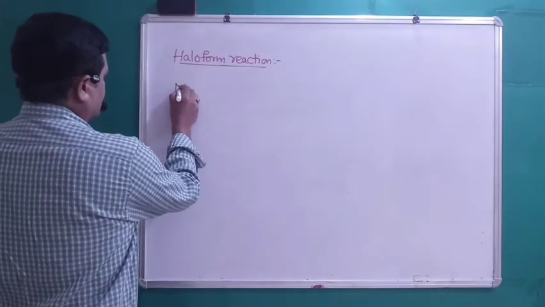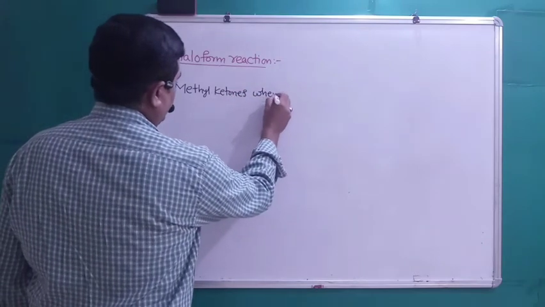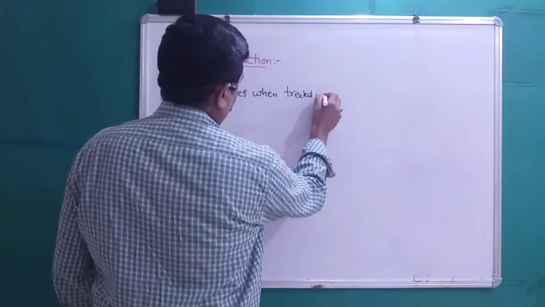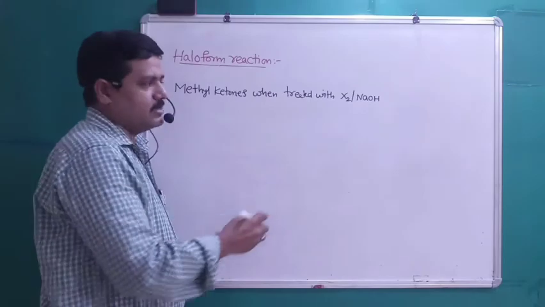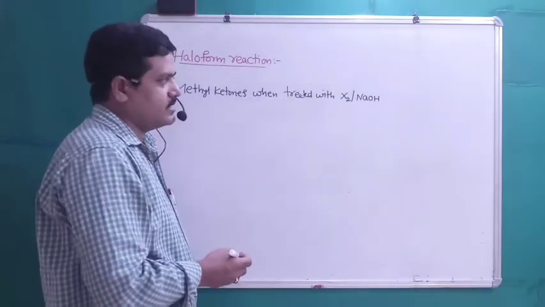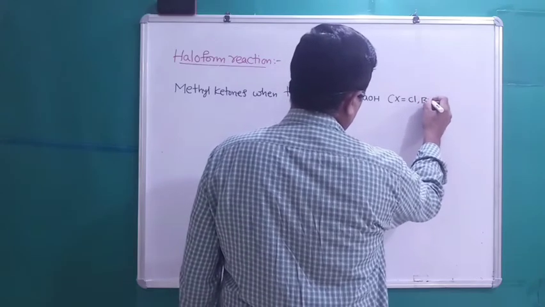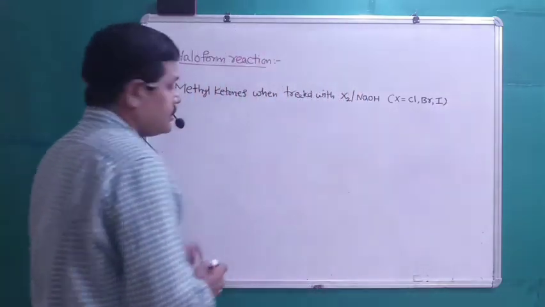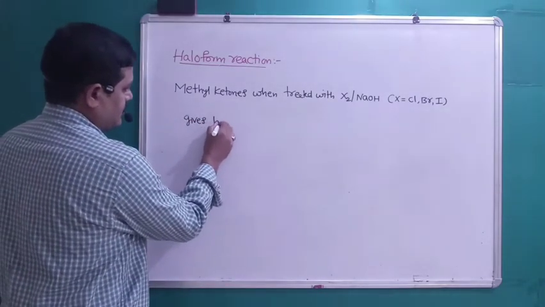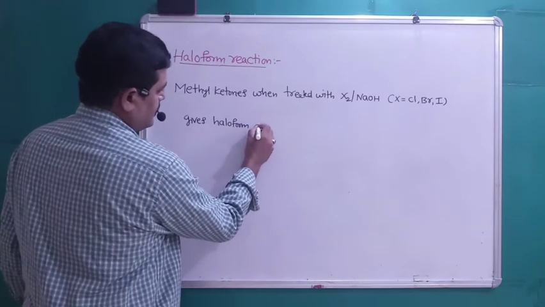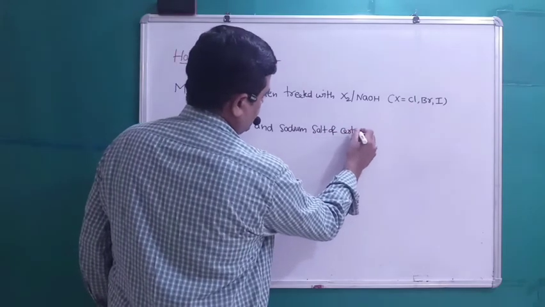Methyl ketones, when treated with X2/NaOH, where the alkali may be NaOH, Na2CO3 or Ca(OH)2, and X may be chlorine, bromine or iodine, give haloform and the sodium salt of a carboxylic acid.